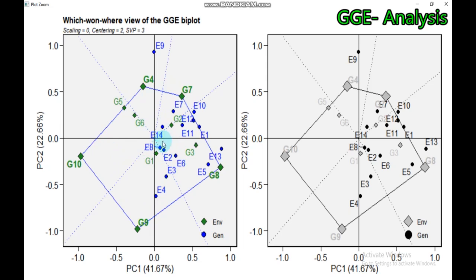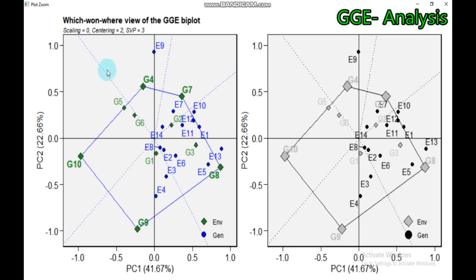So each sector has a vertex genotype, and for example, the sector with vertex genotype 4 may be referred to as the G4 sector, while the environment, environment 9, falls in the G4 sector.